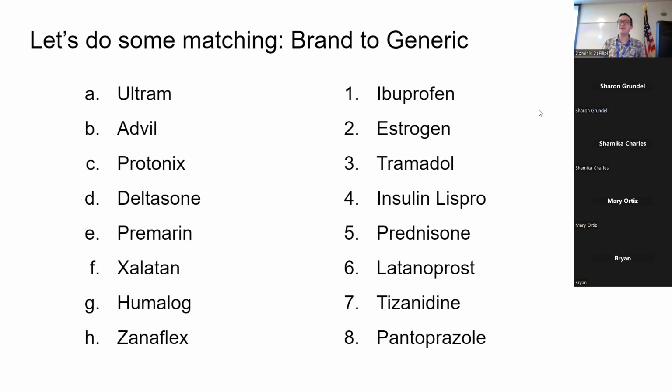Someone Google latanoprost and tell me what kind of dosage form it is. Yeah, it's for glaucoma. So how do you think it's administered? Eye drops. Latanoprost are your eye drops, right?